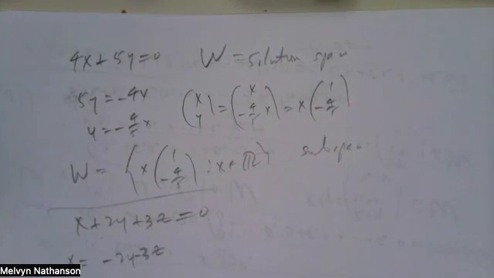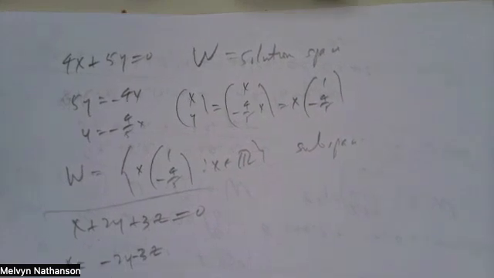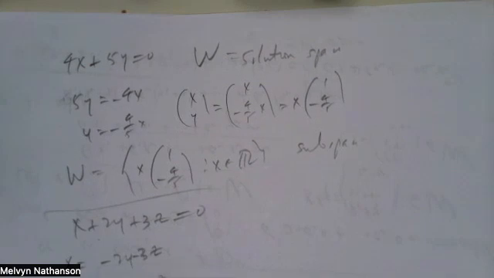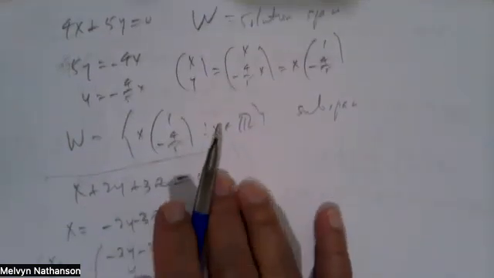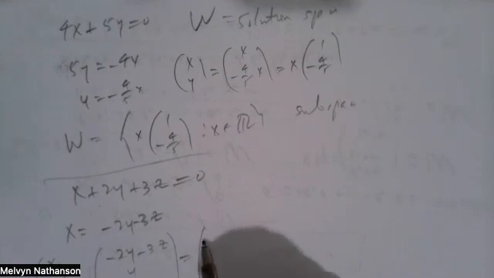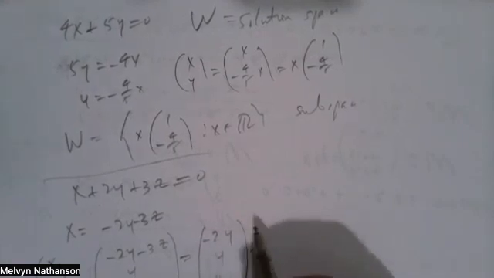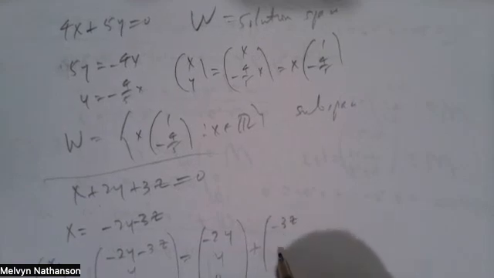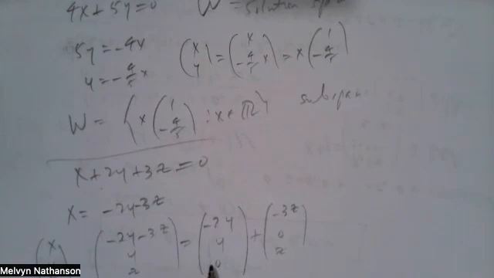So any solution (x, y, z) looks like (minus 2y minus 3z, y, z). I can write this as the sum of the two vectors (minus 2y, y, 0) and (minus 3z, 0, z). Here I put all the y's in one vector, all the z's in one vector, and check, you add, this is what you get.